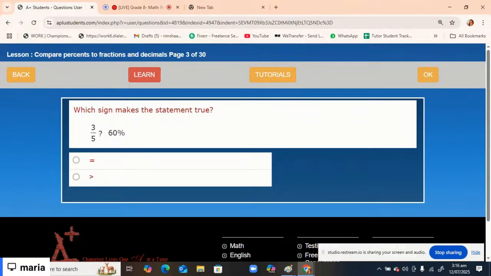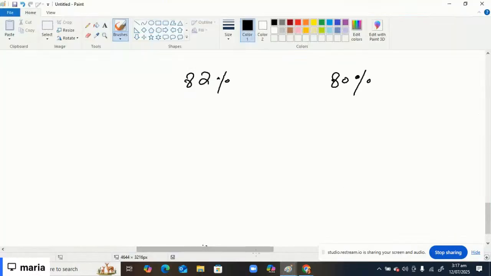Which sign makes the statement true? 3 by 5 or 60%. Let's do it.